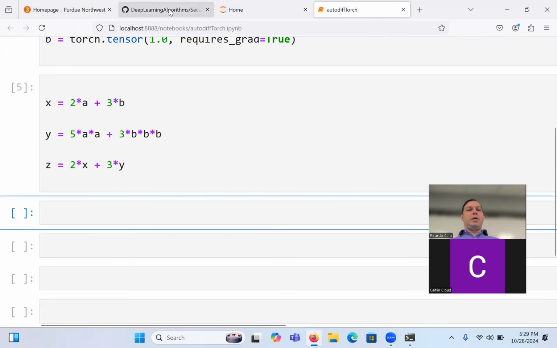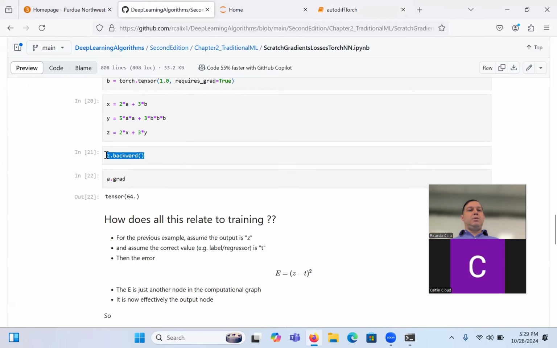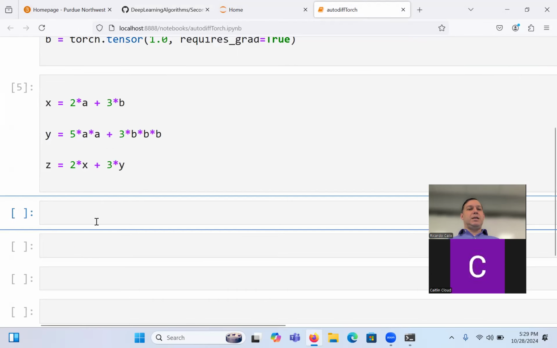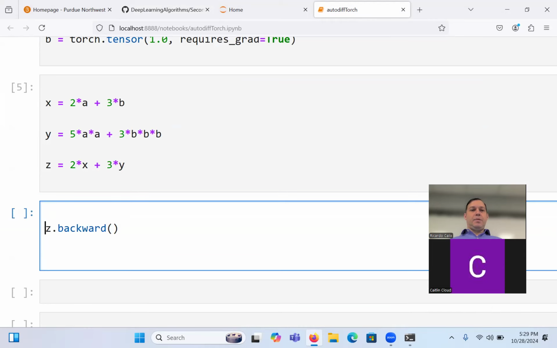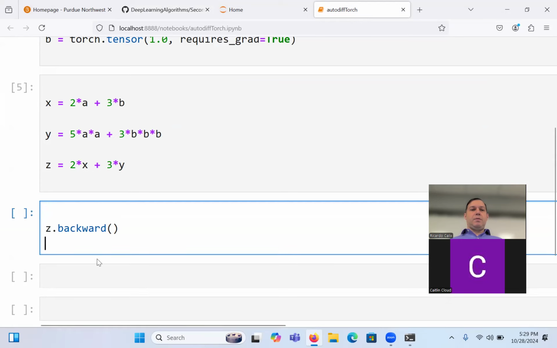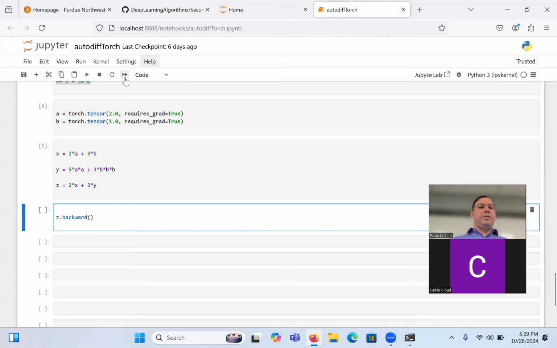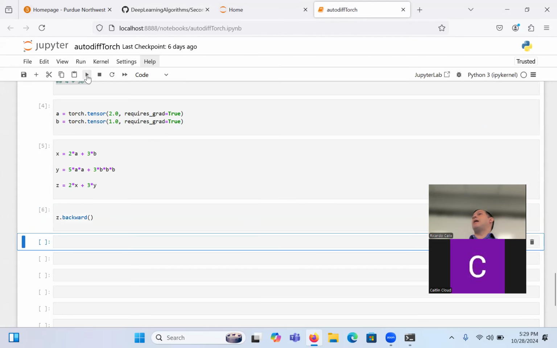All right, so now I'm going to go ahead and do the magic here. Instead of doing all the things that I did on the board, I just do the derivative calculation here, z.backward().